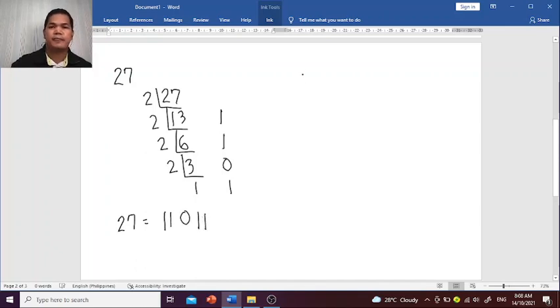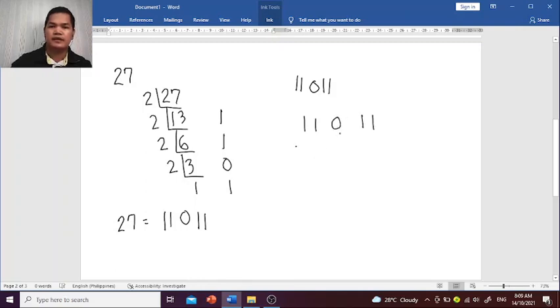Let us now convert binary into decimal, let us have 1, 1, 0, 1, 1. As I have said a while ago, we have to represent these numbers as powers of 2.